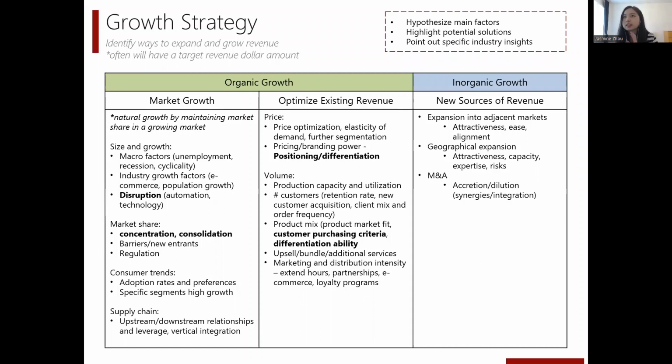This bucket is talking about that. So you want to analyze the size and growth of the market, market share, consumer trends, and supply chain. Same thing as we talked about in the All-Star framework and any kind of market growth or market related bucket.